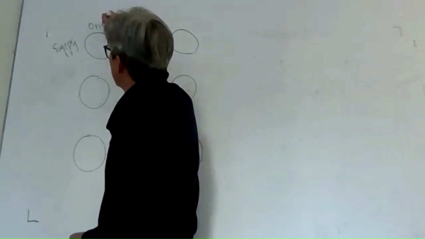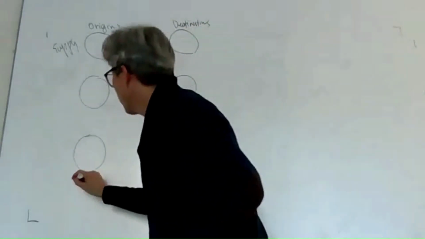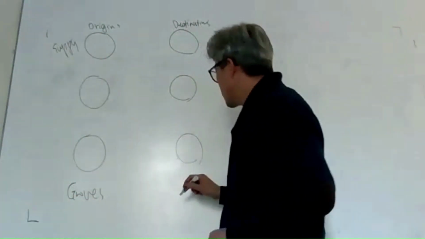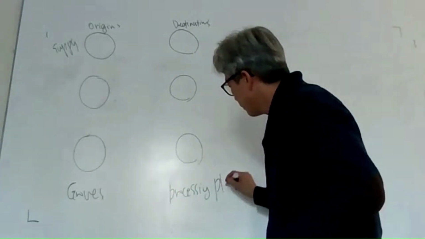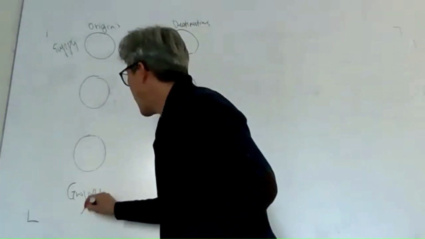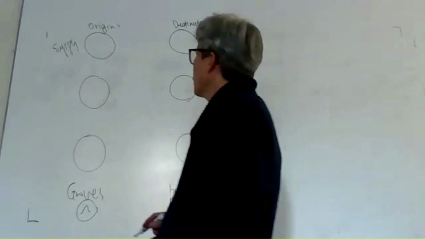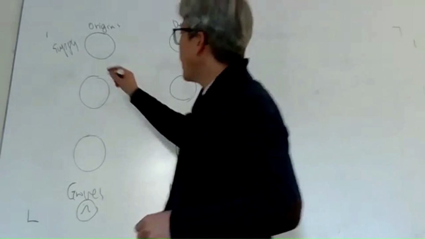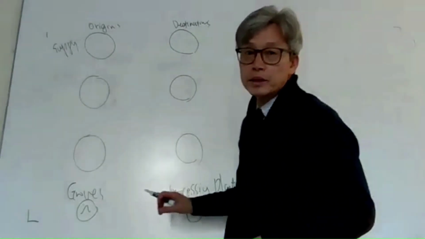These are the origins. These are the destinations. You can say these are the farms, groves. These destinations are processing plants. You can say this is I, processing plant, J. So each grove has a limited supply capacity, and each processing plant has processing capacity.